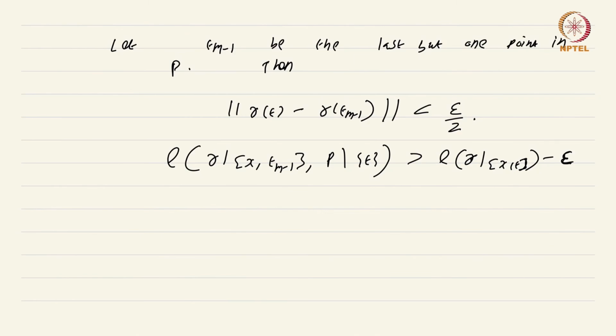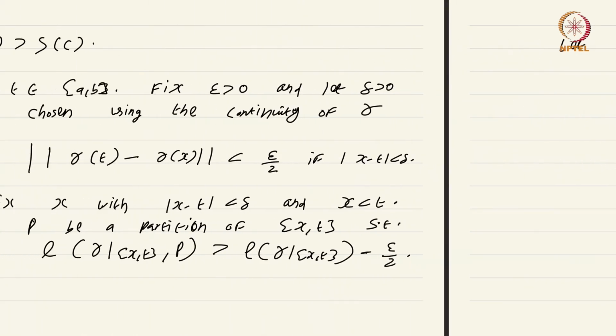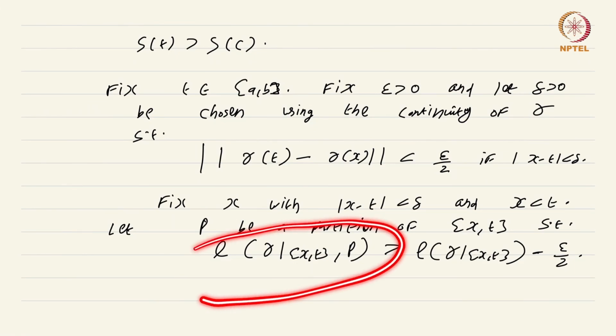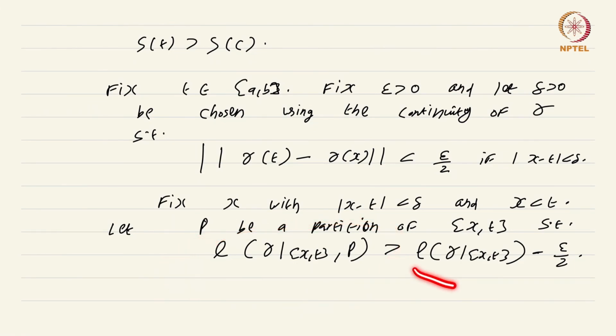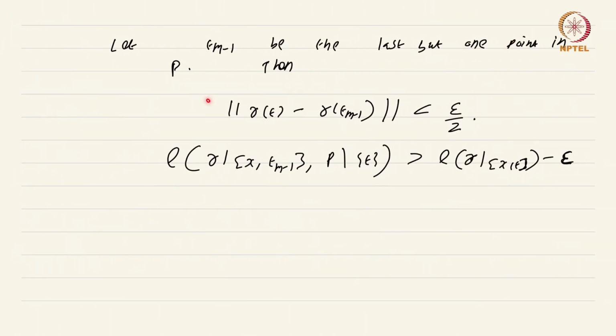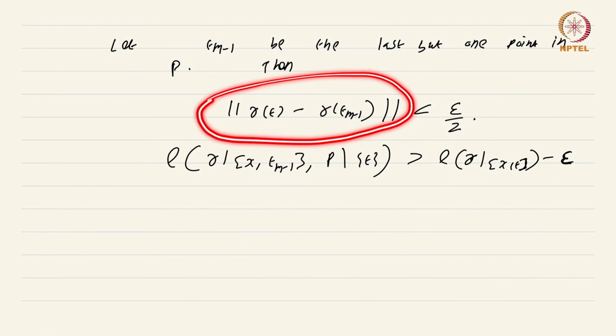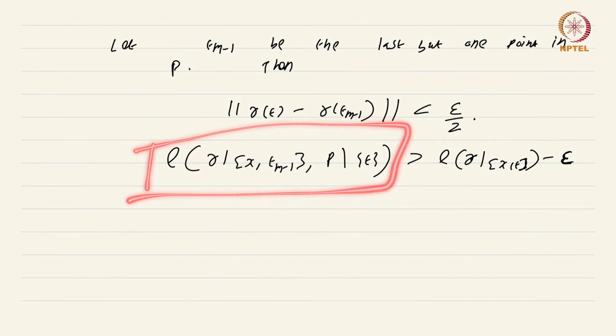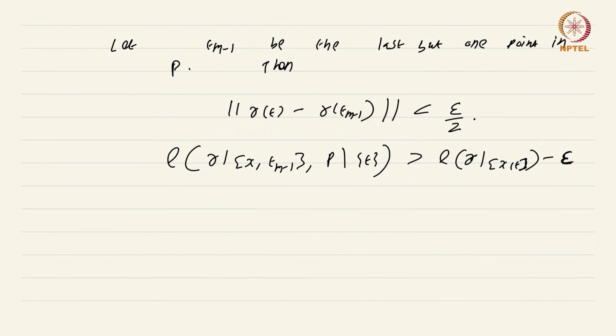Okay, that's because the partition P was chosen in such a manner that the length of gamma restricted to xt with respect to P is at the max epsilon by 2 distance away. But the contribution from the last term arising in the sum can be at the max epsilon by 2. In fact, it's strictly less than epsilon by 2. Therefore, the contribution from the rest, which is just this, must be at least length of gamma restricted to xt minus epsilon.